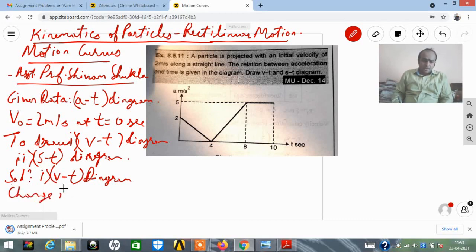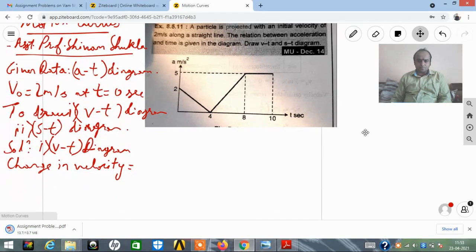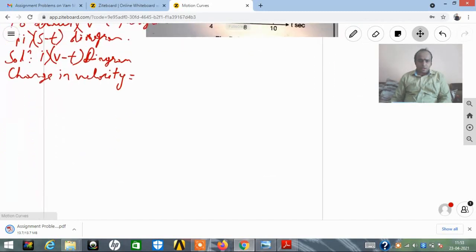The basic formula is change in velocity is equal to the area under the AT curve. So I'll mention it over here, is equal to area under the A-T curve.